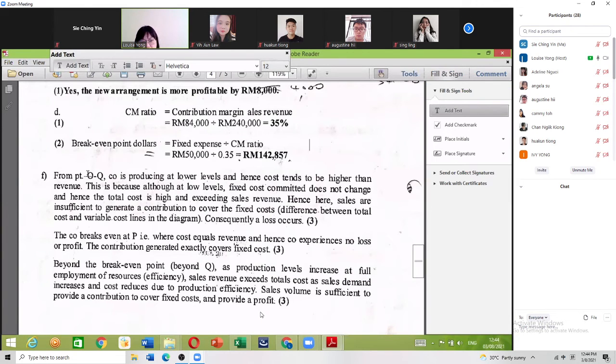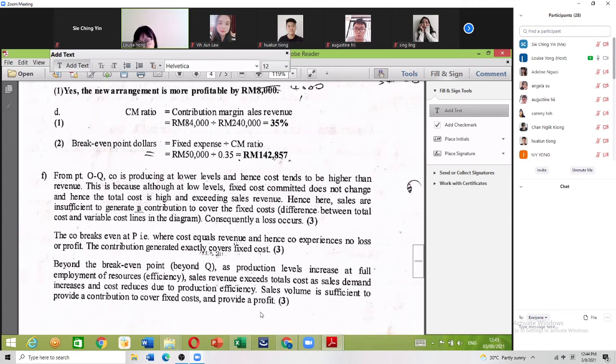Right, so you can say from 0 to Q, the company produces at a low level, and the cost here tends to be higher than the revenue. This is because although the level is low, the fixed cost committed does not change. So your total cost here is higher than your sales revenue. The sales here is insufficient to generate enough contribution to cover your fixed costs.